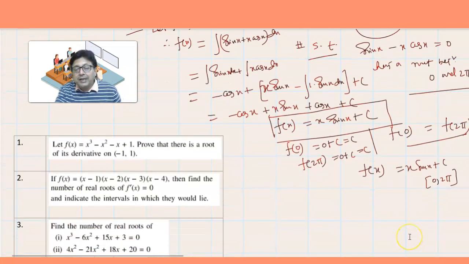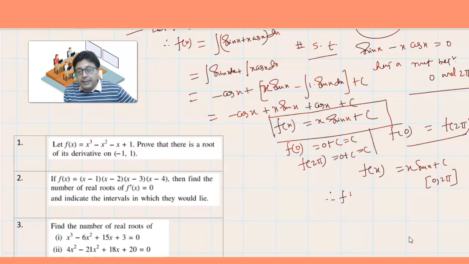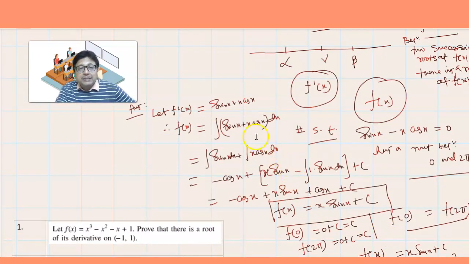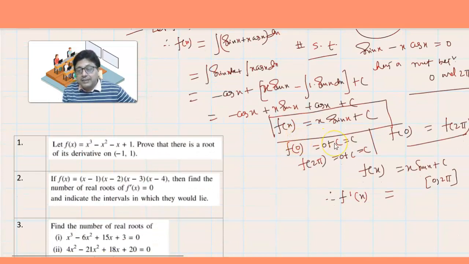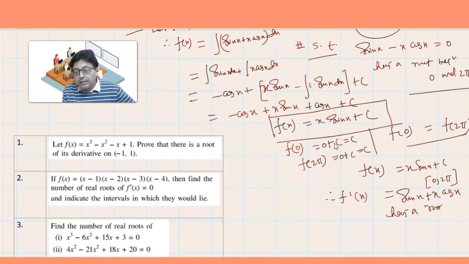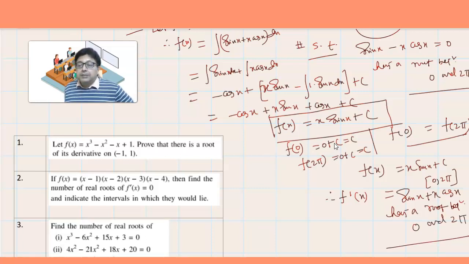Your conclusion will be that since all conditions of Rolle's theorem are satisfied, therefore f dash x equal to sin x plus x cos x has a root between 0 and 2 pi. This was the question they have asked.